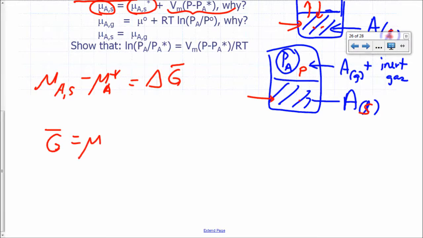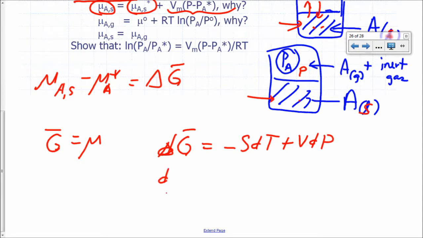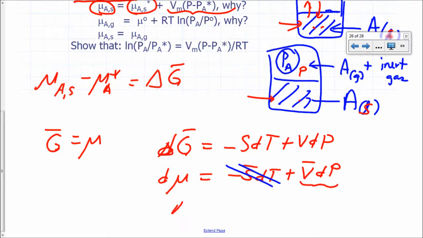Here we're dealing with the same temperature, and dG is equal to negative S dT plus V dP. So d mu, or dG bar, is minus S bar dT plus V bar dP. Since we're dealing with constant temperature, we're just changing pressure. d mu is equal to V bar dP, so delta mu, the change in the chemical potential, will just be the integral of V bar dP.